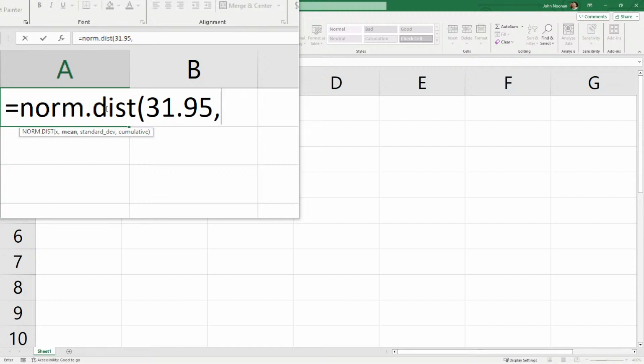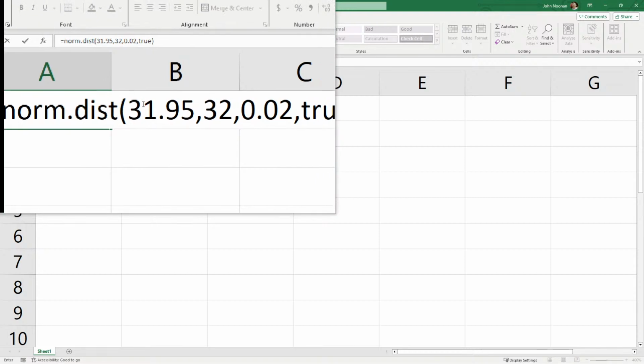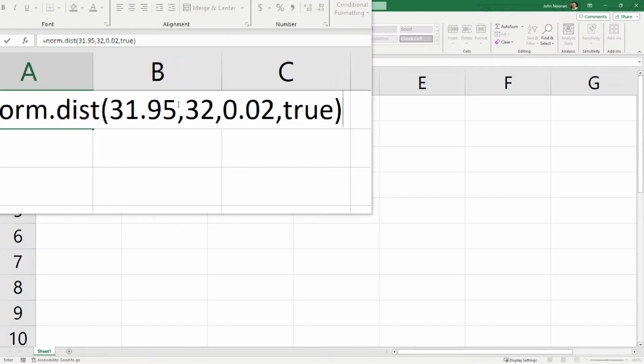Then we put the mean, 32. Then we put the standard deviation. And then we say that we truly want to know the answer. So we say true. Just think of it as, I truly want to know the answer.